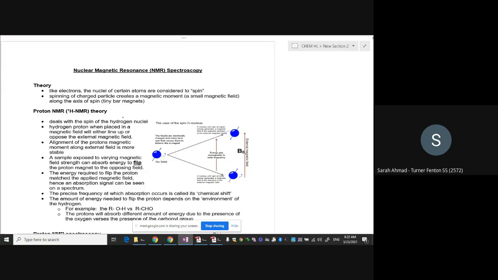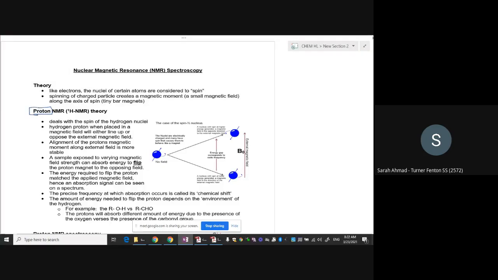Now, nuclear magnetic spectroscopy, or NMR, is used with other atoms, but the catch is that they have to be odd numbered. And you won't have NMR for every single element on the periodic table. There's a few. So there's carbon-13 NMR. There's phosphorus NMR that I remember studying in university, and a couple of others, like handfuls. So our focal point is proton NMR.